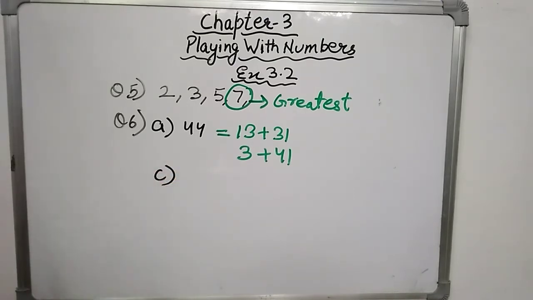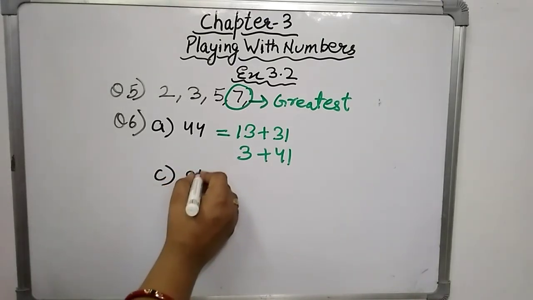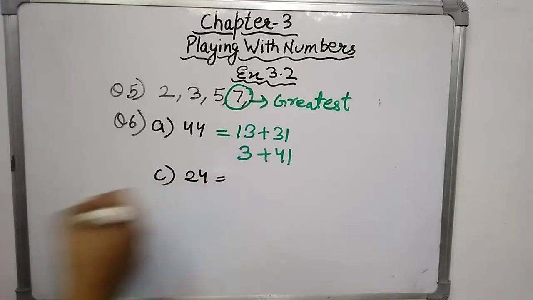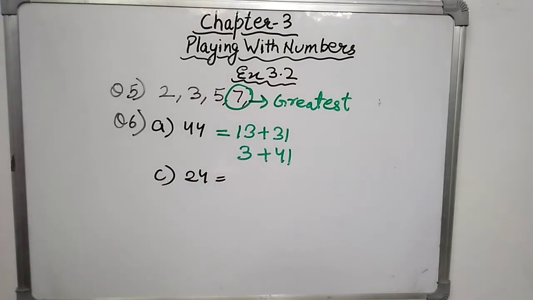I'll be doing one more for you. Next is 24. If I find a pair of odd numbers that can give you a sum of 24, that could be 19 and 5.